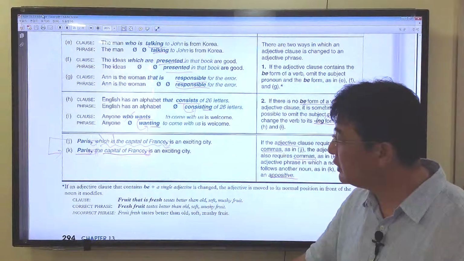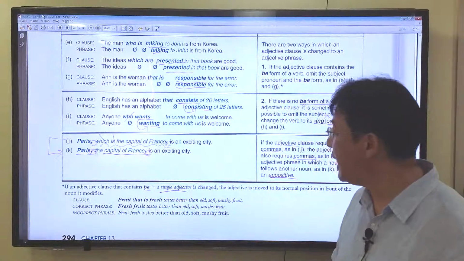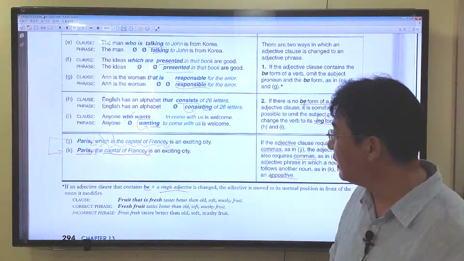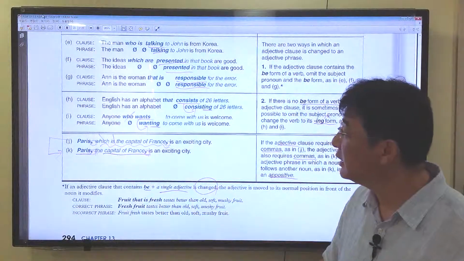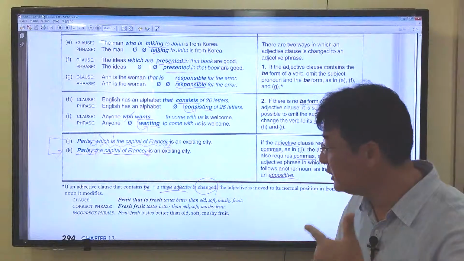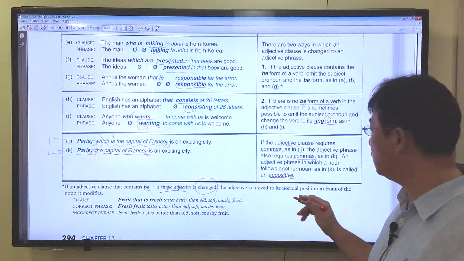If an adjective clause that contains be, verb, and a single adjective가 뭡니까? It changed. 바뀔 때는, 뭘로 바뀔 때는? 형용사절에서 형용사구로 바뀔 때는 the adjective is moved to its normal position.